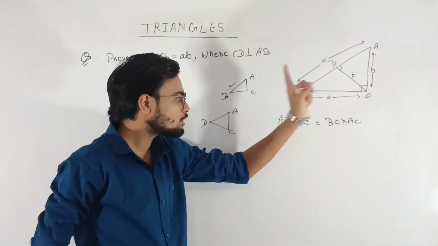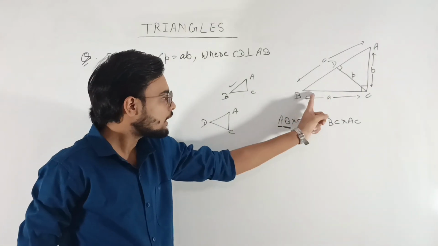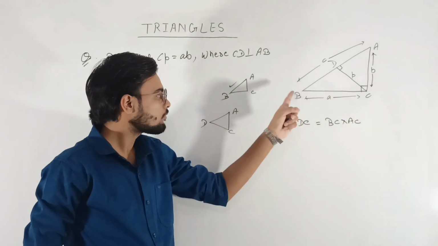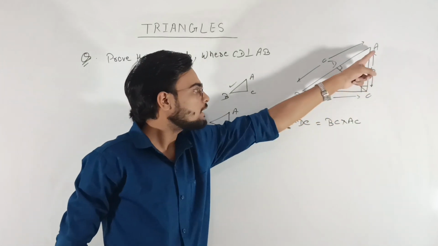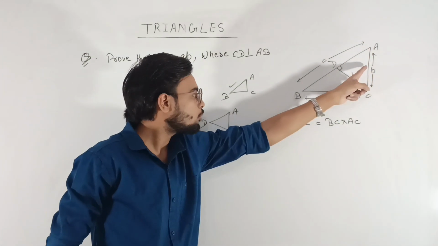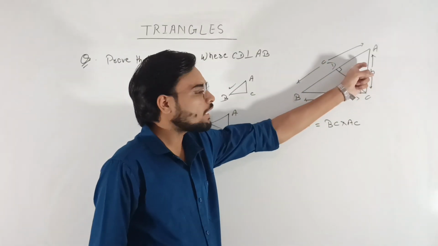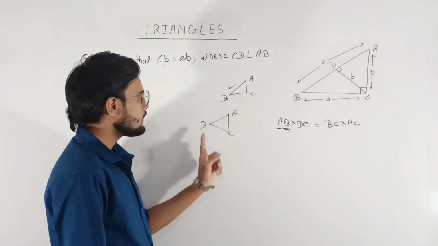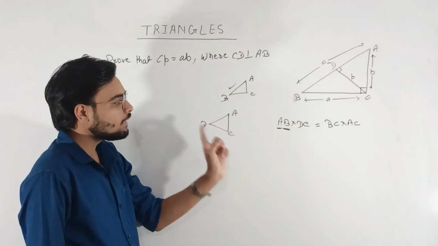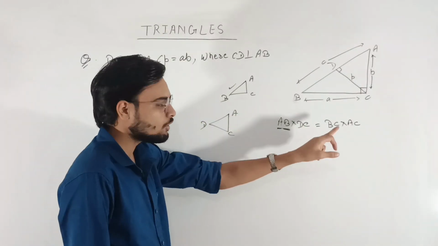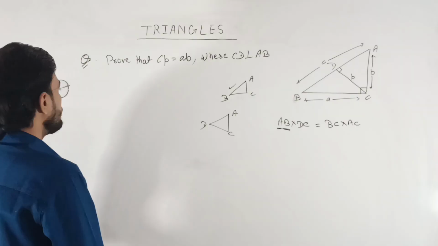AB is in bigger, AD is in the small triangle, and BC again is in the bigger triangle, and AC is present in both the smaller and bigger triangle. So if we make these two triangles similar, the smaller one ADC and the bigger one ACB, then I write AB into DC is equal to BC into AC. Look how we do.